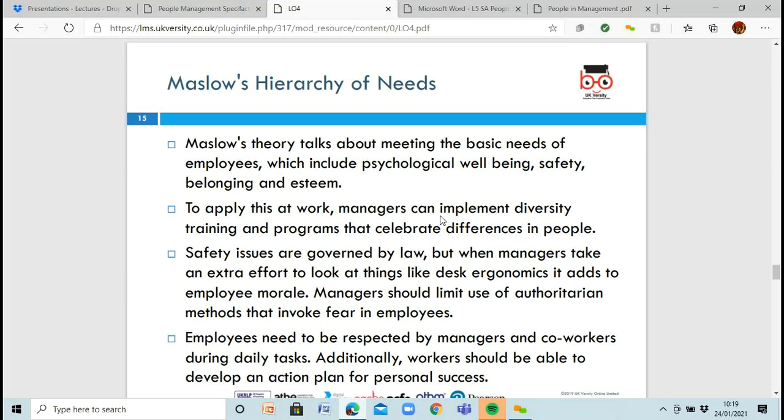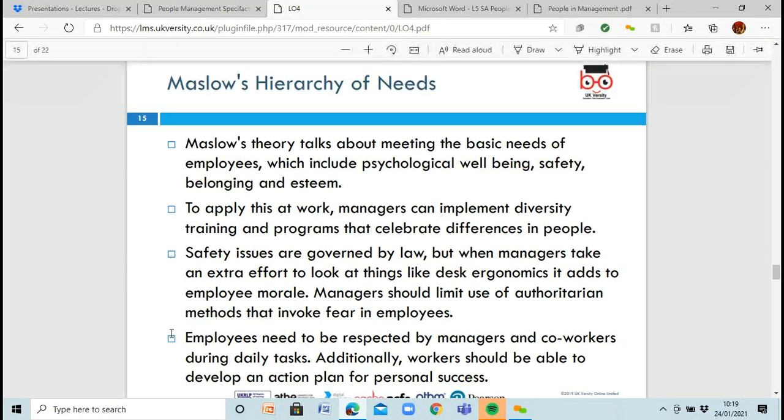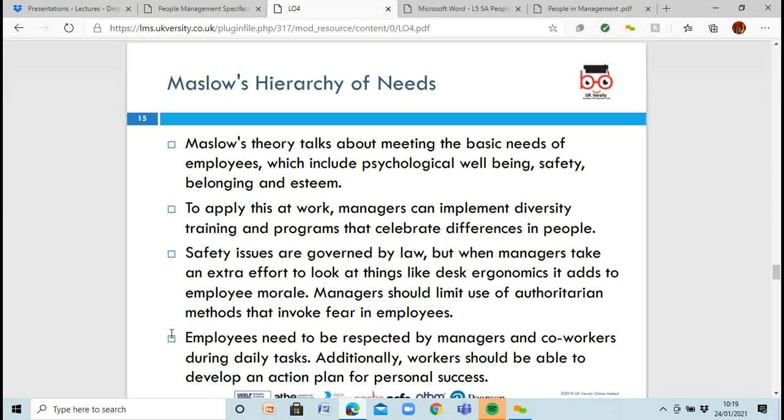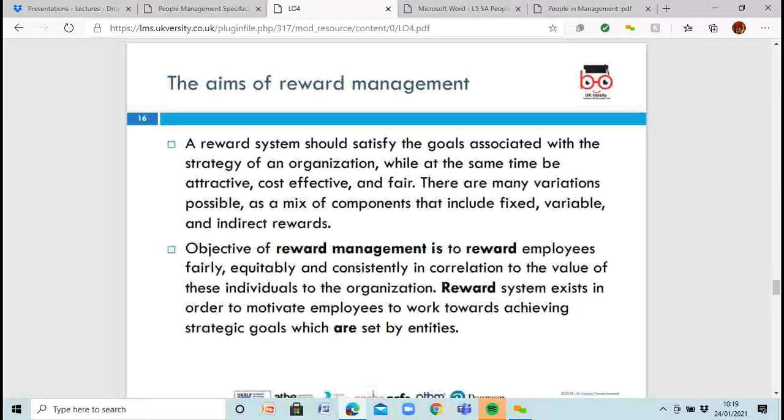So if you're using comfortable chairs, you've got a nice selection of tea and coffee at break, you're not limited on how many times you use the bathroom, these types of things will help you feel safer at work. And then again, employees need to feel respected by their managers and co-workers. So just having a mutual respect for each other is very important.